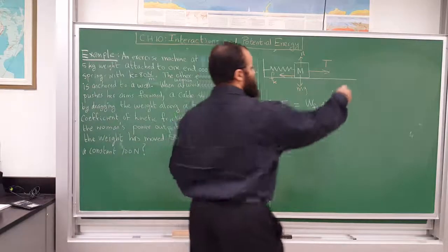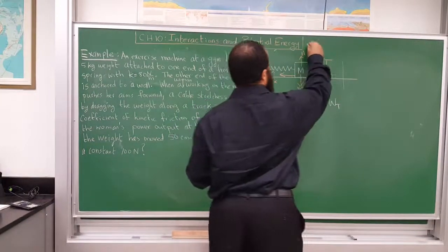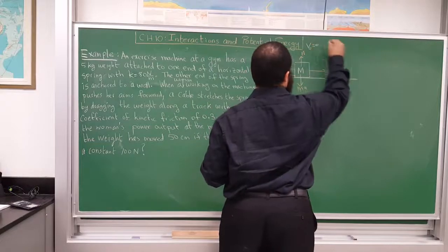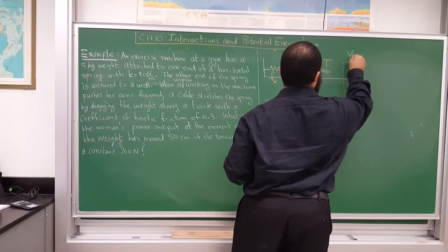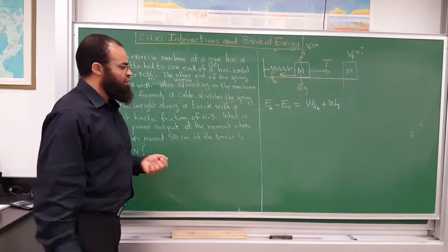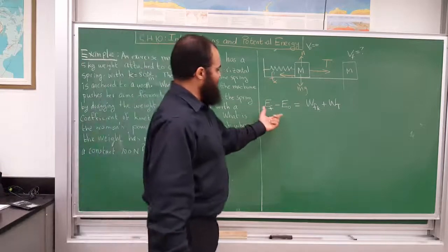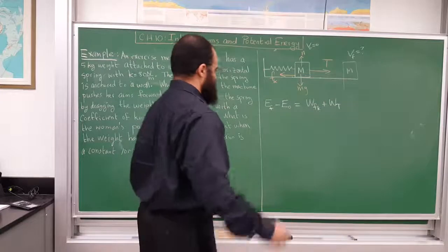Okay, and we're going to pull the mass to here. The initial speed of the mass is 0, and I wonder what the speed here will be. So let's see. The energy will be kinetic plus potential.